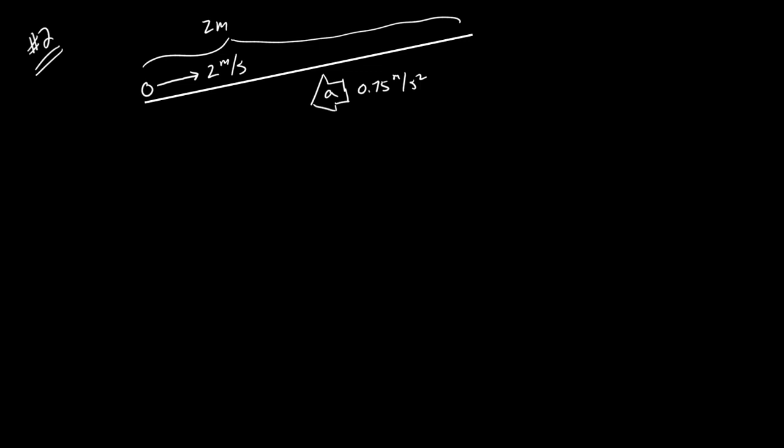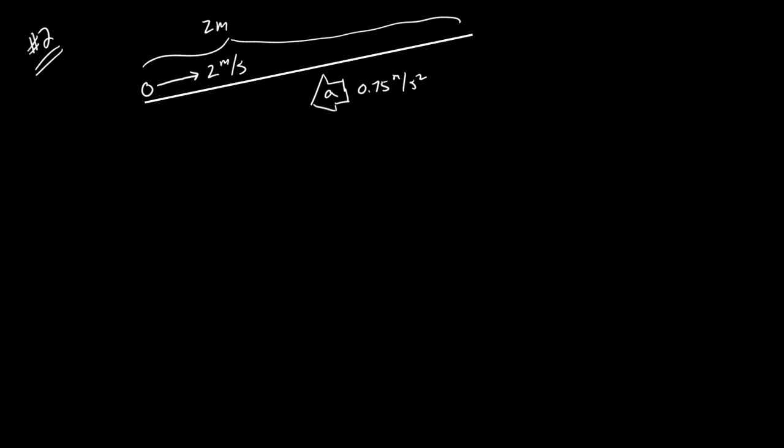We don't know at the start of the problem if the ball makes it to the top of the ramp. So you can't assume that it will. What you have to figure out is if it will make it to the top of the ramp. If it does, great. Then you can figure out how fast it's going when it makes it to 2 meters. If it doesn't, then you're supposed to figure out how high up the ramp it goes.